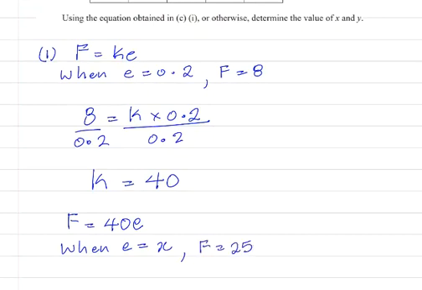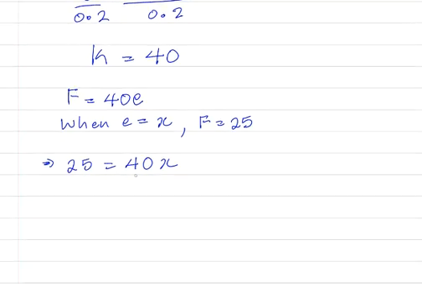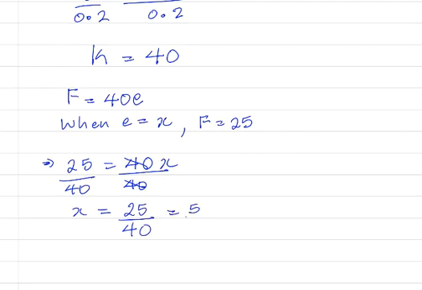So let's put that information in. I'm going to have therefore 25 is equal to 40 times E, which is x. Let's divide both sides by 40. I'm going to get x would be equal to 25 over 40, which is the same as saying 5 over 8. Alright, so I have my value for x.